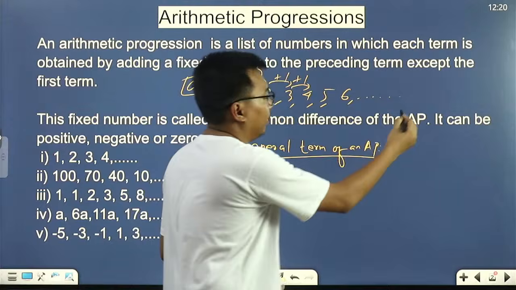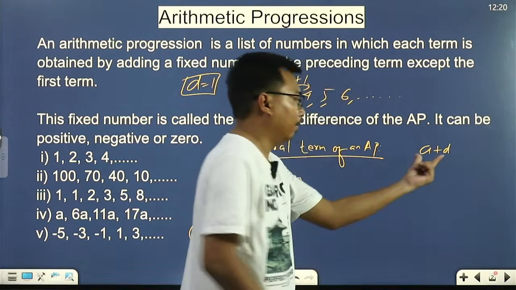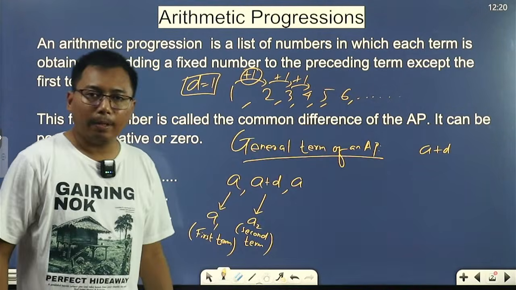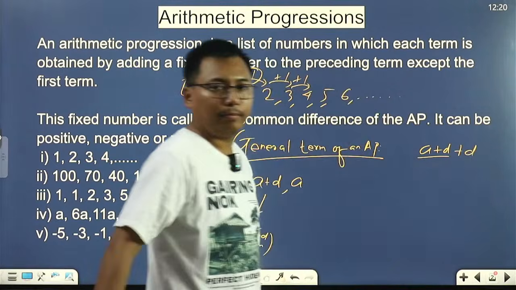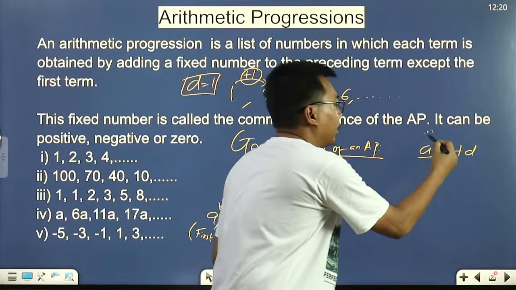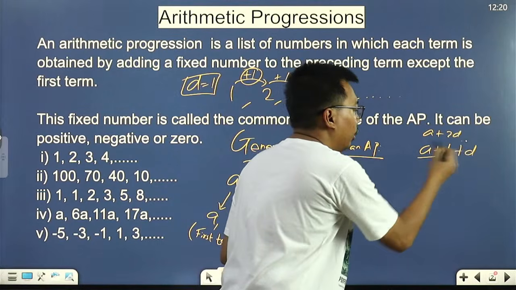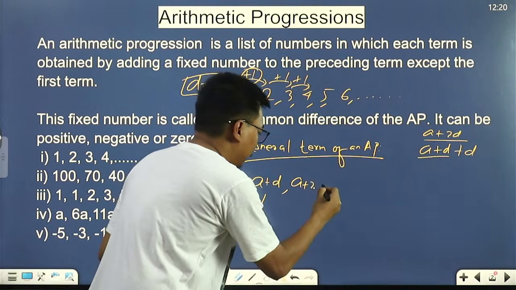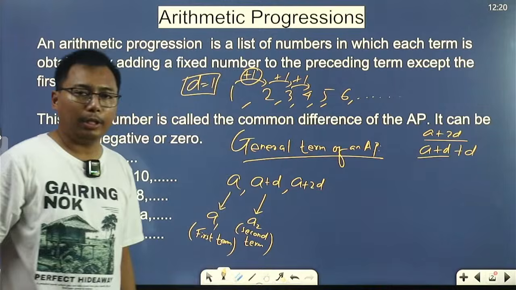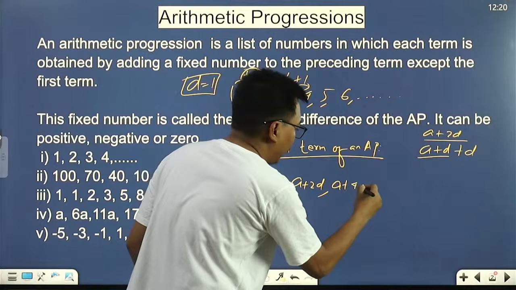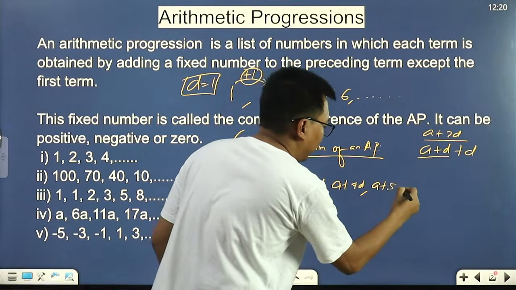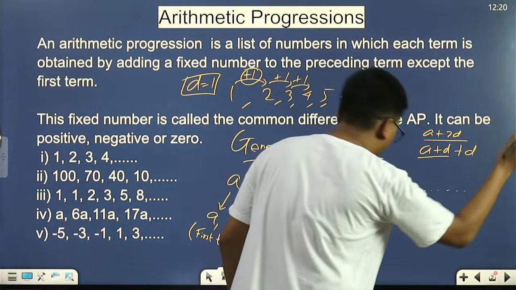And how do we get our third term? This is our second term, A plus D. In A plus D, again we add a D, so we get A plus 2D. So my third term will be A plus 2D. Similarly, the fourth term will be A plus 3D, then A plus 4D, and so on.